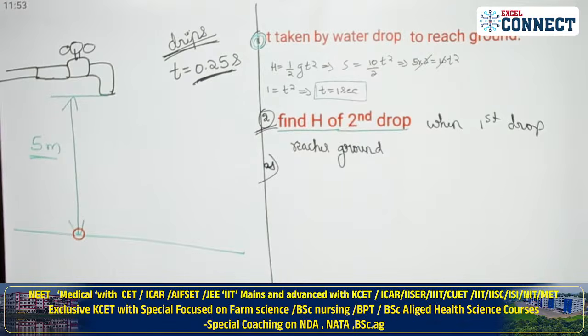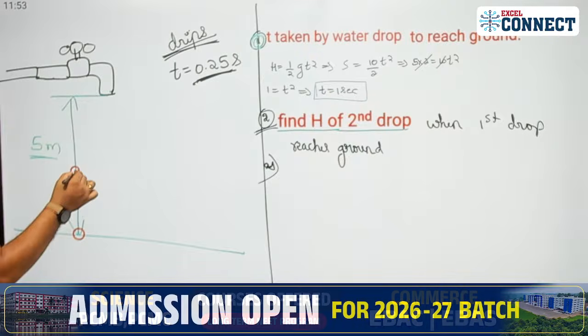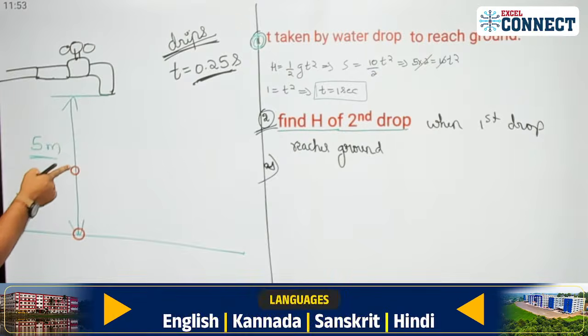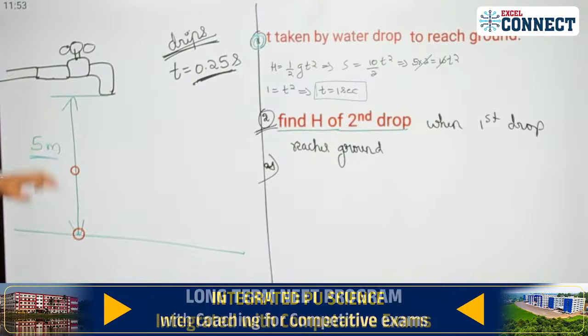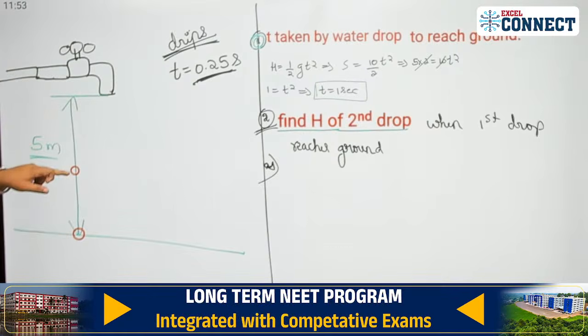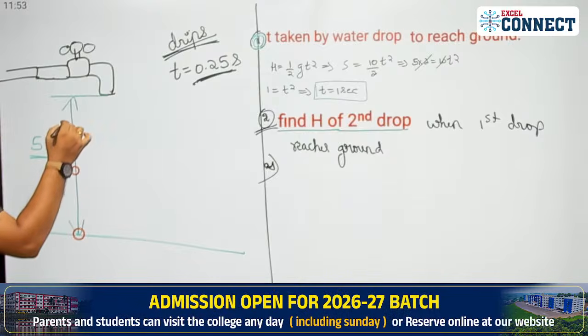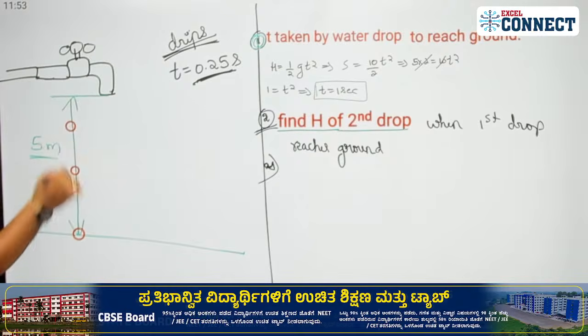And second drop will be behind the first drop, right? So this drop comes after 0.25 second. So what is the total time? Total time is 1 second. After 0.25 second, there is one more drop. Again, there is a third drop also.